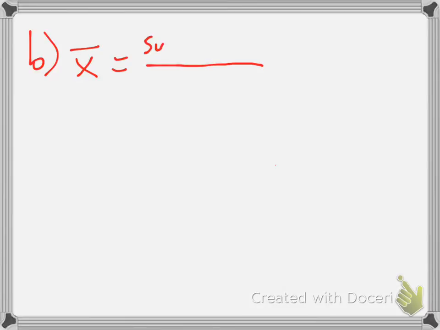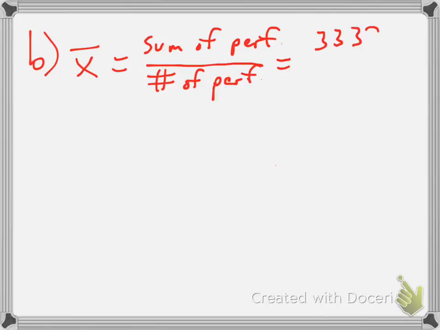So the sum of his performances divided by the number of performances. That's 3,339. I'll spare you the work. You guys can plug in your calculator if you want to. You can divide those out and you get about 222.6.